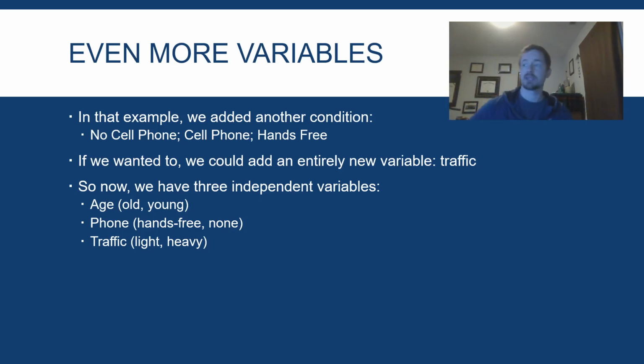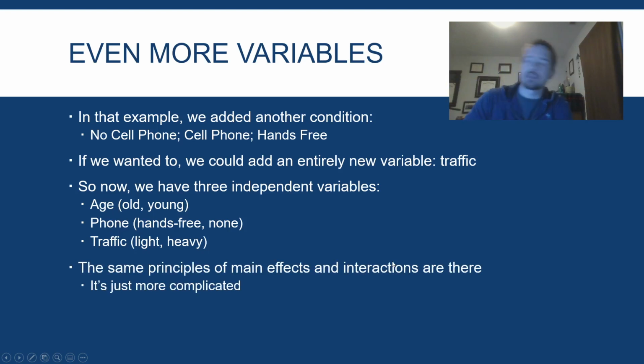Just this information would be a 2x2x2 factorial design. If we kept the same conditions as the last one and added traffic like that, that would be a 2x3x2 design. Just in case that clears anything up.